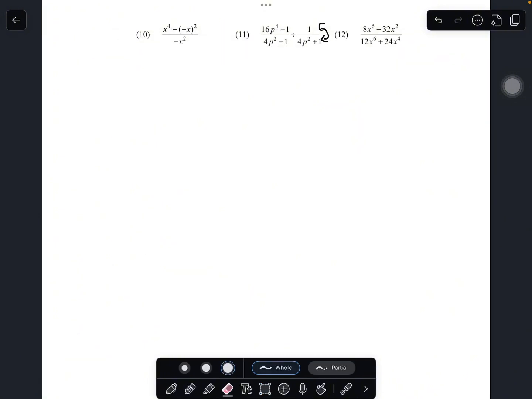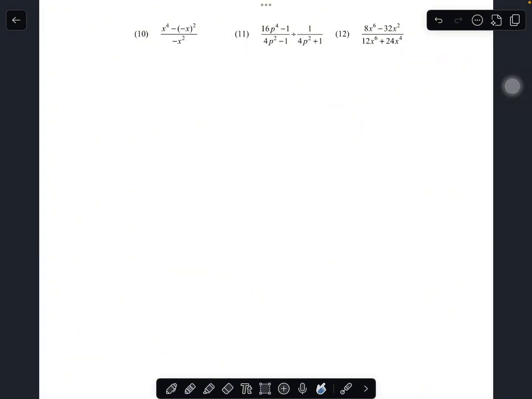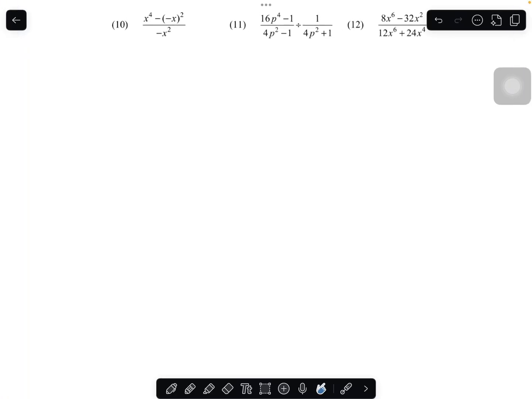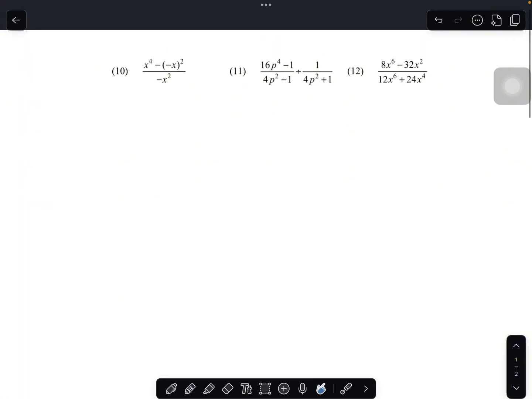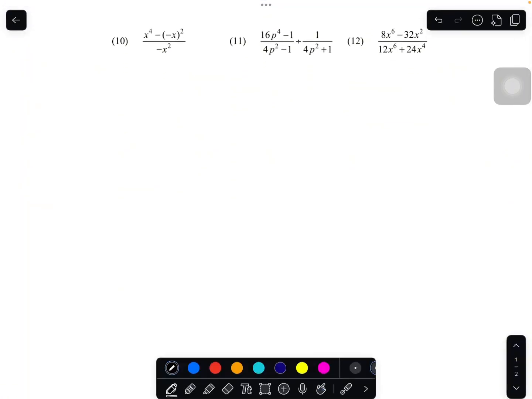So now let's go on to our last question right here. So we have a situation where we can remove a common factor. Okay, and the common factor we can remove here, 8, 16, 16 can go into 32, so it's 8.